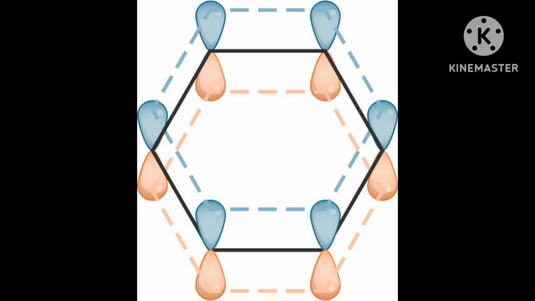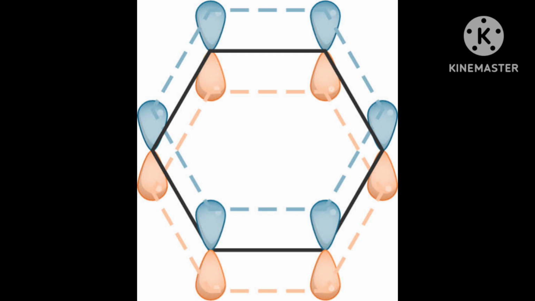Okay, if you give the numbering 1, 2, 3, 4, 5, 6, then carbon number 1 and carbon number 2 are adjacent, and they have made 1 pi bond. After that, 1 and 2 are already used, so now 3 and 4, not 2 and 3, because 1 and 2 are already used.